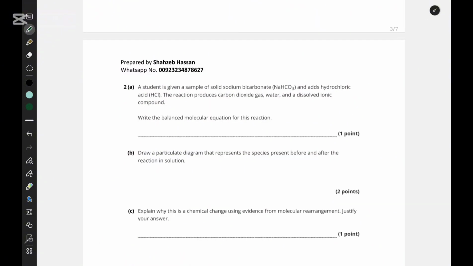In this question, they are saying a student is given a sample of solid sodium bicarbonate and adds HCl to it. So we have to write the balanced molecular equation when sodium hydrogen carbonate in solid state is reacting with HCl in aqueous form. They are saying it is going to form carbon dioxide and water and an ionic compound.